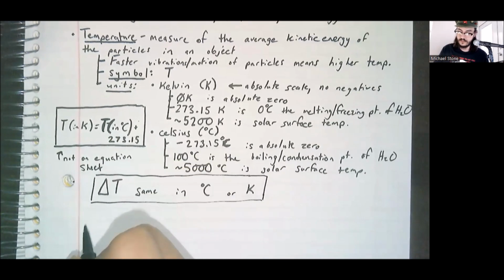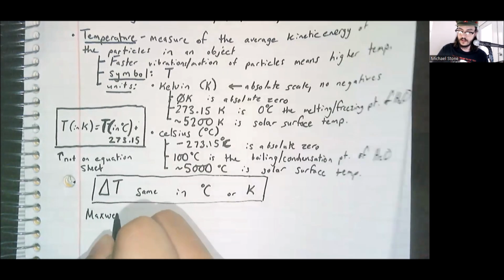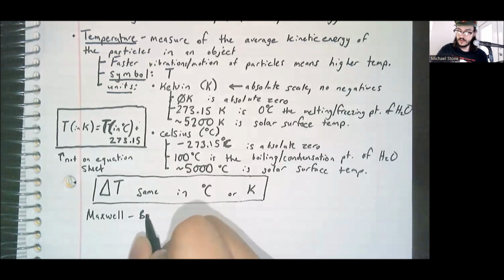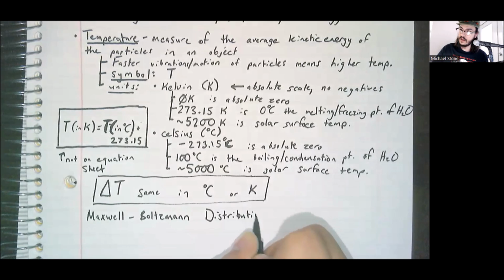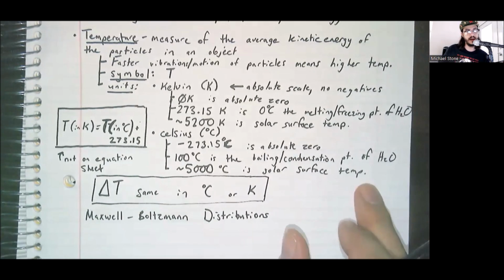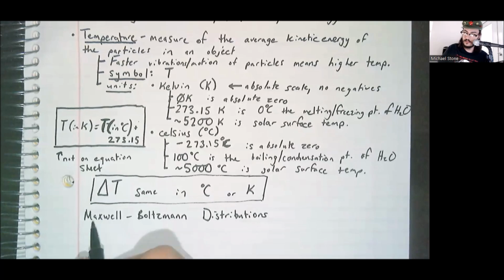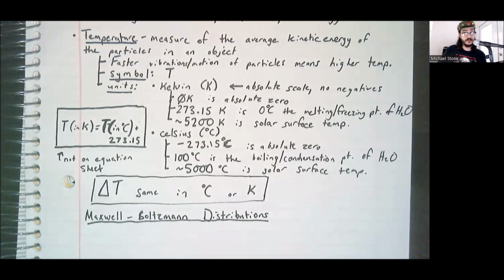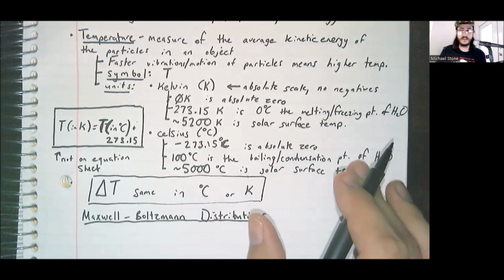Temperature is best visualized on what is called a Maxwell-Boltzmann distribution. A Maxwell-Boltzmann distribution is a graph with a count of particles on the y-axis and either the speed of particles or the kinetic energy of particles on the x. Now, averages tend to, on an xy plot, take a bell curve shape.